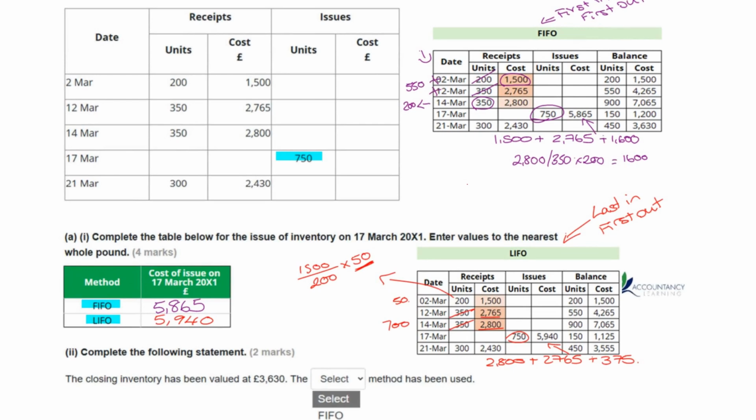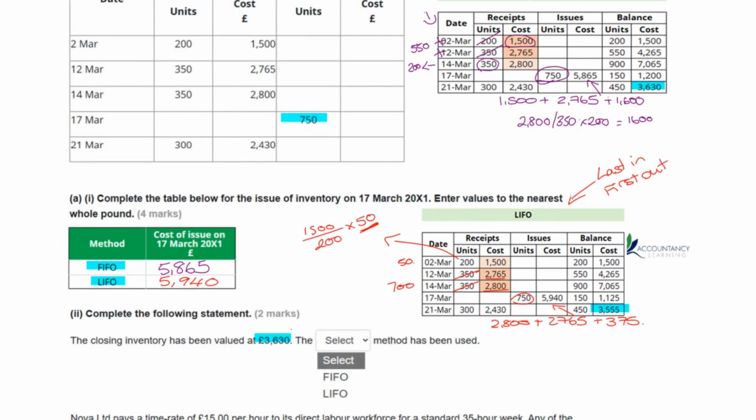If you draw out this table, you can then see that under FIFO, the closing balance is 3,630, and under LIFO, it's 3,555. So we're looking for 3,630, which matches under FIFO.